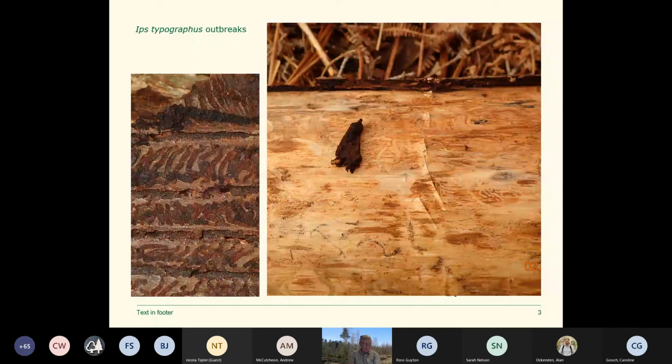One is with a series of survey sites across the country, where conifer billets were baited with a pheromone lure aimed at attracting bark beetles, and at the end of the season these survey sites are dismantled and a very close inspection of any of the insect activity is undertaken.